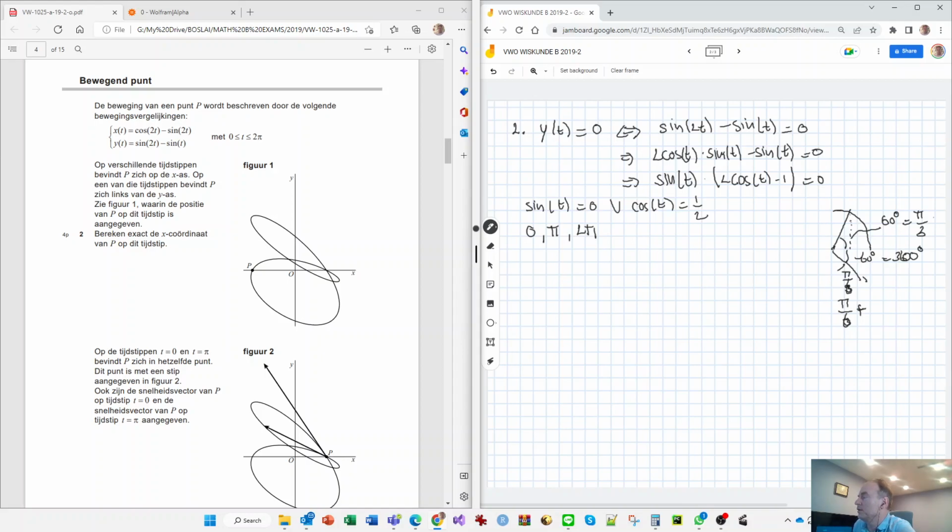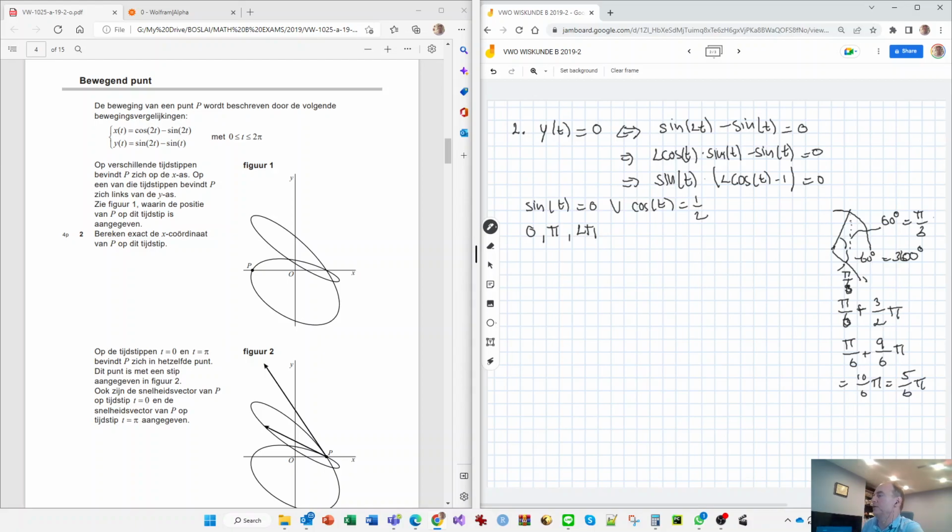plus 3 over 2 pi, which is 270, and that is pi over 6 plus 9 over 6 pi, is 10 over 6 pi, is 5 over 3 pi.